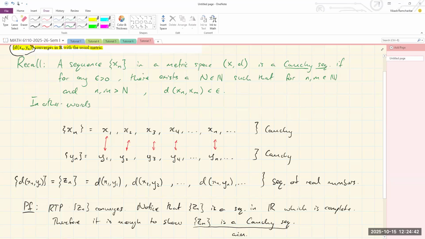If I tell you a sequence Xn is a Cauchy sequence, then this is the definition for it, but there's another way to write it. Xn is Cauchy if the distance between two points goes to 0 as n and m go to infinity. You could prove that these two are equivalent.